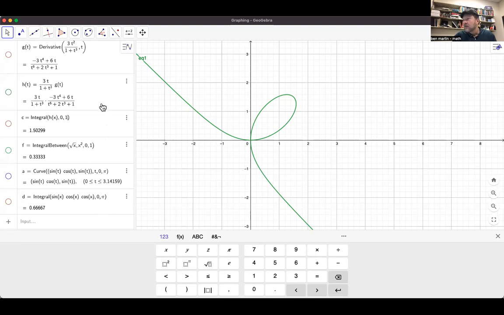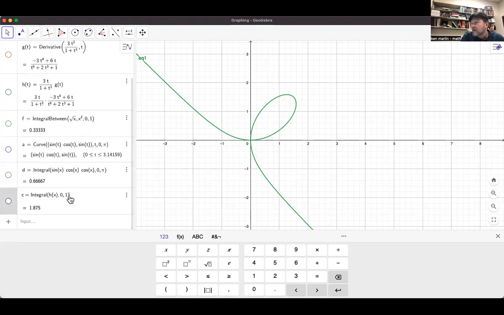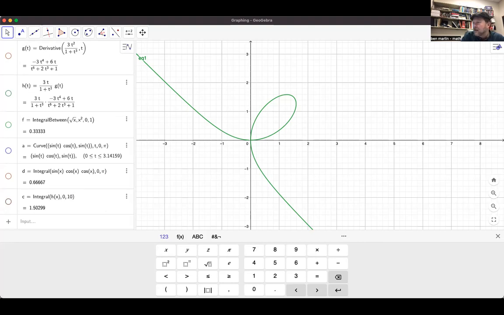And I also couldn't get GeoGebra to do it. But what I could get GeoGebra to do was to integrate it numerically. So I told it to integrate it 0 to 1. It said, sure, I can do that. And then I said, well, since I need to go from 0 to infinity, 10, that's close to infinity, right?